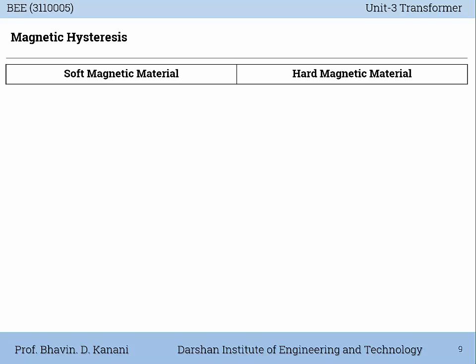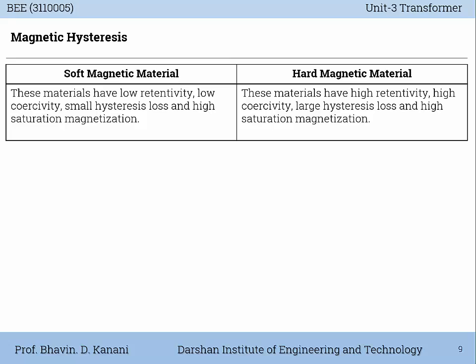Now a small comparison between soft magnetic material and hard magnetic material, because magnetic materials are also classified in these two ways. Soft magnetic materials have low retentivity, low coercivity, small hysteresis loss, and high saturation magnetization.